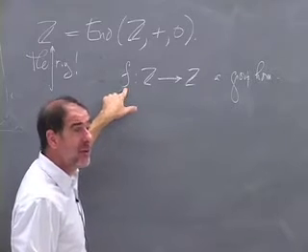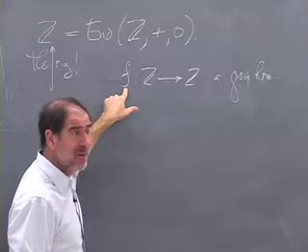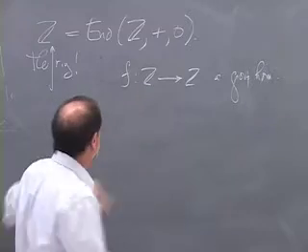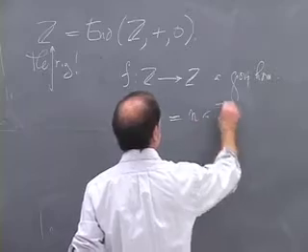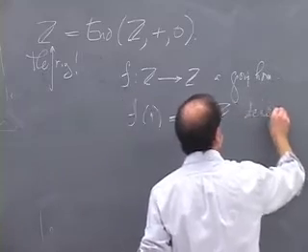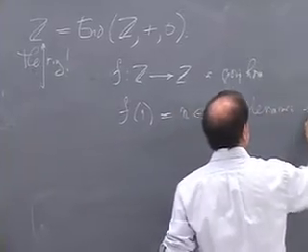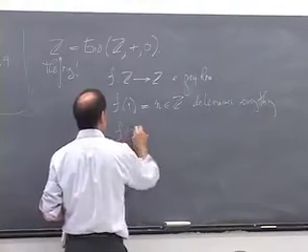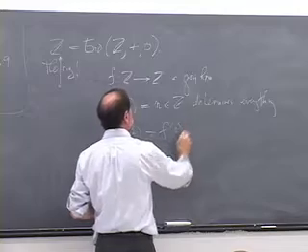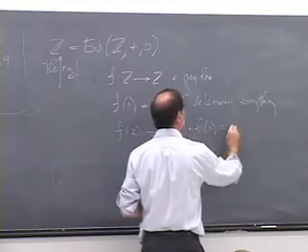F of 0 is 0, right? That we know. F of 1 is an integer. F of 1 is equal to some integer n in Z. That determines everything, because if I want to know what F of 2 is, that's F of 1 plus F of 1, so it's 2n.